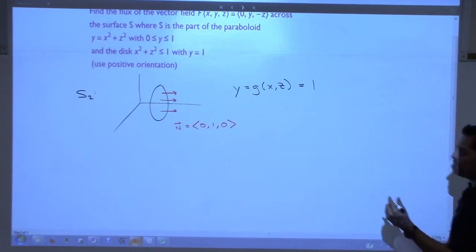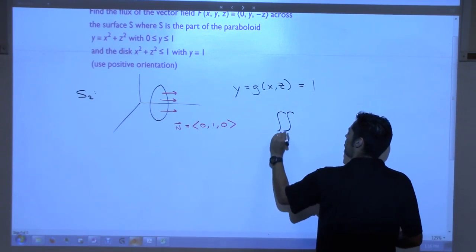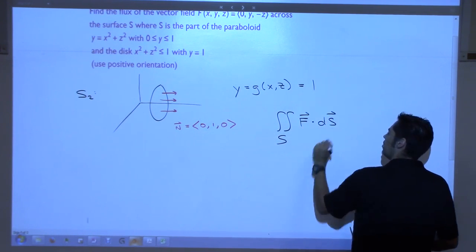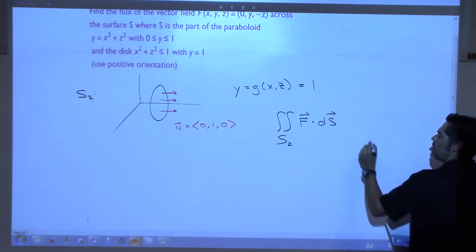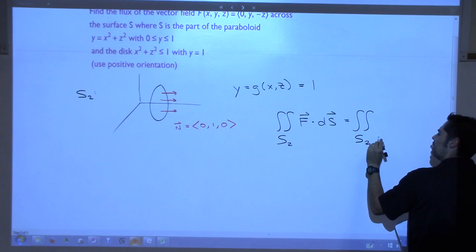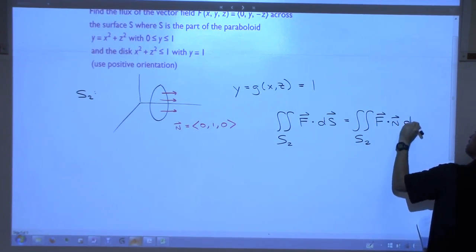That's only because of the way it's oriented. So instead of using the formula we just used in the shortcut, I'd like for us to entertain this for the first time. I have not shown you one of these yet. That's why I'm doing it. This right here, and we're going over S2 right now, I'm going to use the formula that looks like this: F dot n dS.